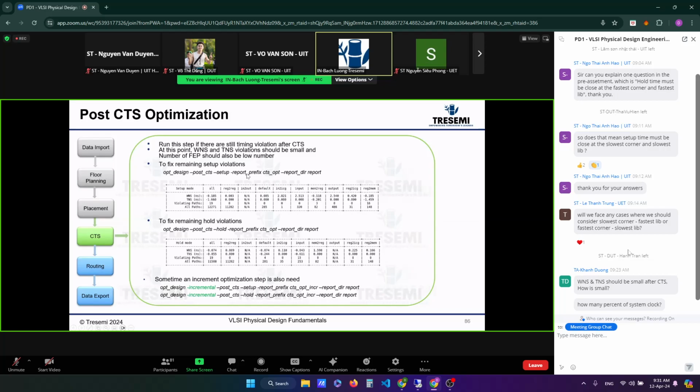And make sure you give a different prefix when you run it. The report prefix here I call CTS opt, and then you run an incremental called CTS underscore incremental, so you know the timing report is written with a different prefix, so you can tell the difference between which step is which and go back and look.